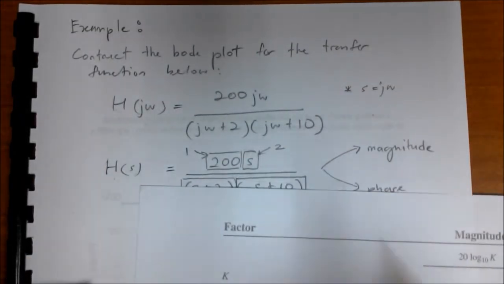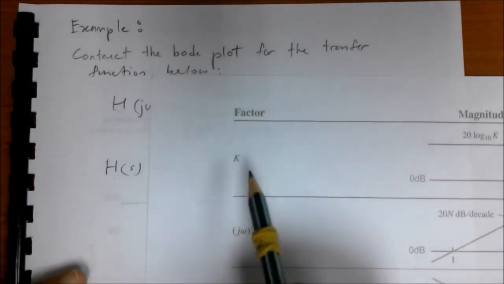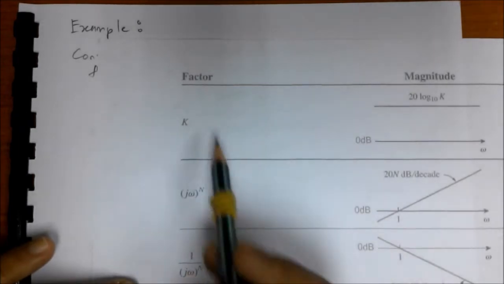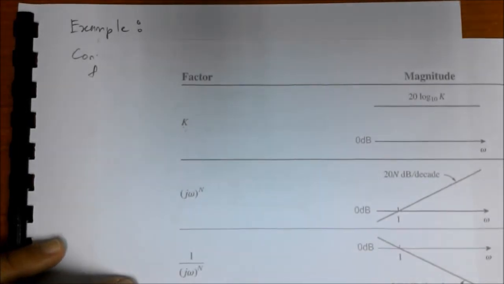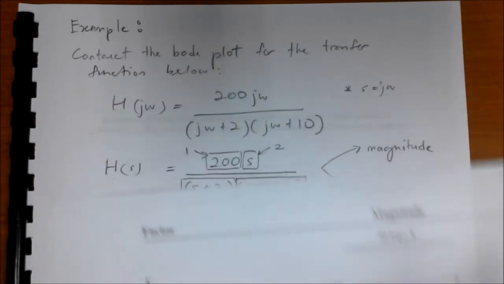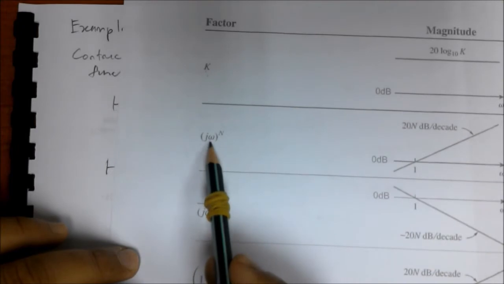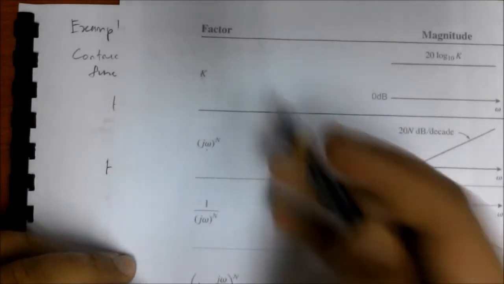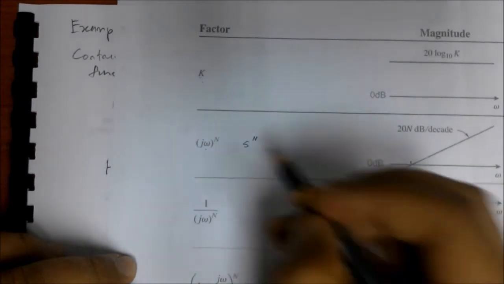Let's look at the first factor, which is 200. That refers to K in the table, and the second factor s refers to the second entry, s to the power of n.